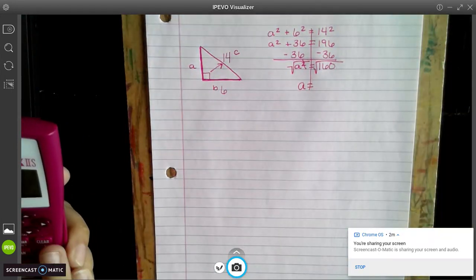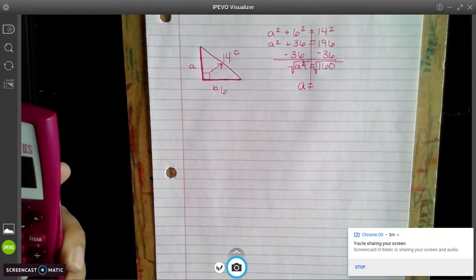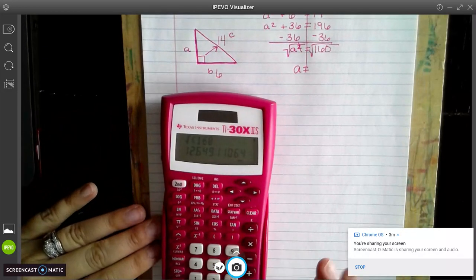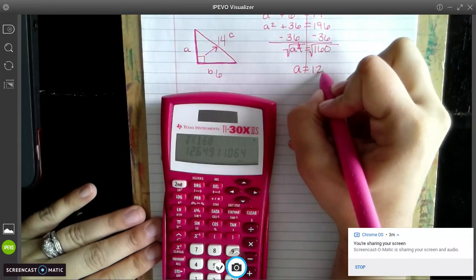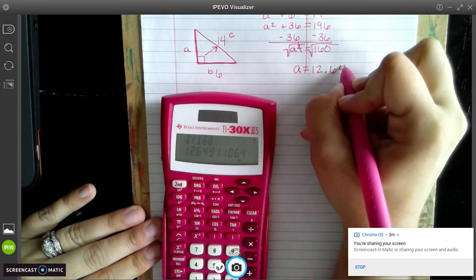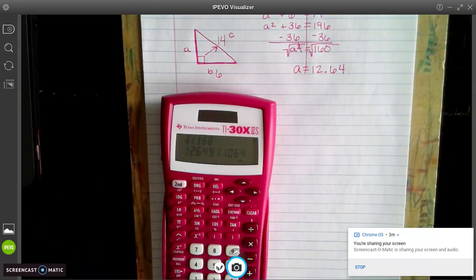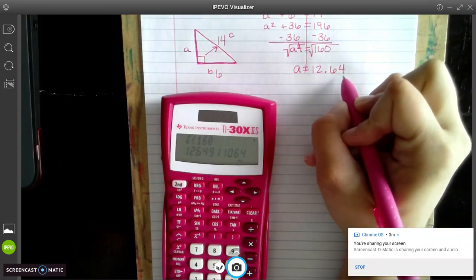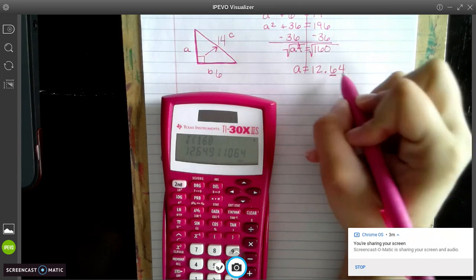Now, one big thing that people kept messing up on last week's assignments is the rounding. So I always write down 12.64, and you always should only have one number after the decimal in your final answer. I write down 2 of them because here's my tenths place.